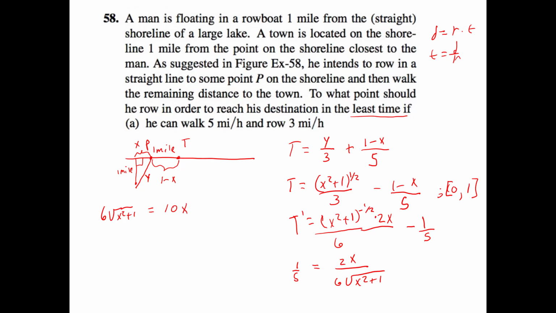And now if you square both sides, you will get 36 times x squared plus 1 is equal to 100x squared. Sorry, we squared both sides. So this should be x squared. And then if you distribute, you get 36x squared plus 36 is equal to 100x squared.